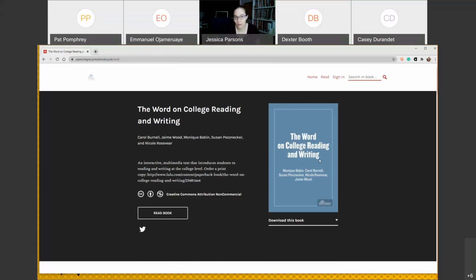The great news about OER is if I just like one chapter out of this textbook, I don't want anything else, and maybe I want another chapter out of another textbook, I can just take the two of those and merge them into my own resource. Again, so that you can hyper-focus for your students exactly what they need.